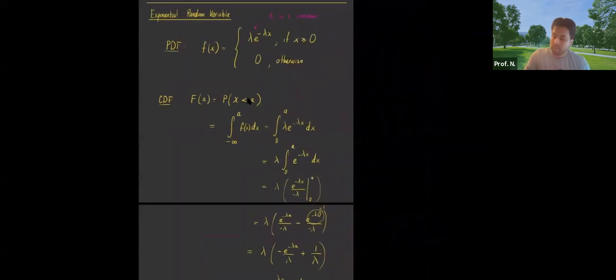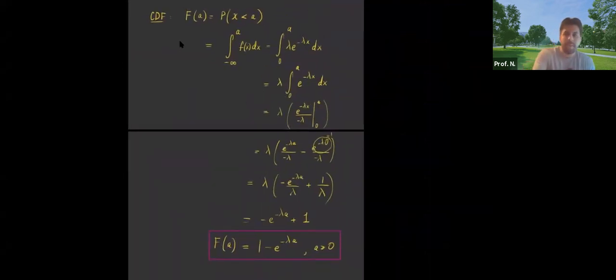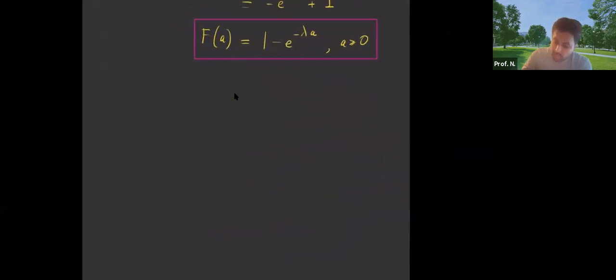So we know the PDF and we know the CDF. Okay, any questions about the integration part? Everything okay with that? Then we have to calculate a few more things. What would be the expected value of this random variable?